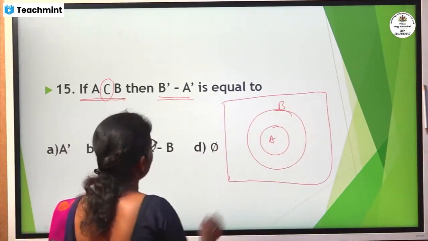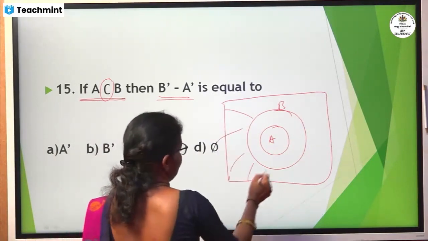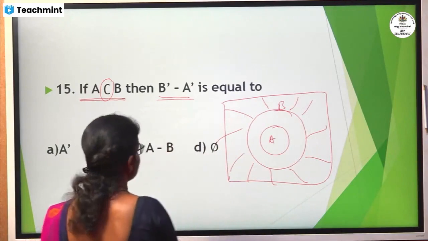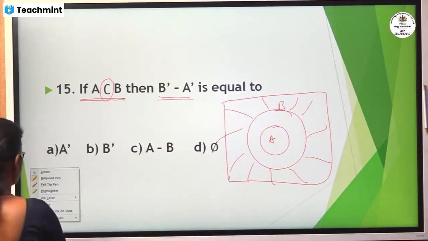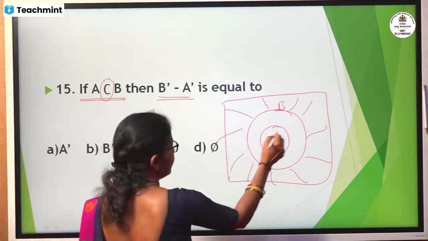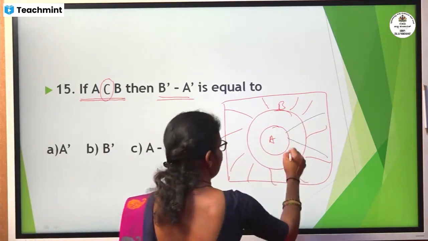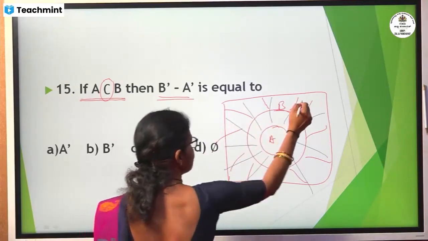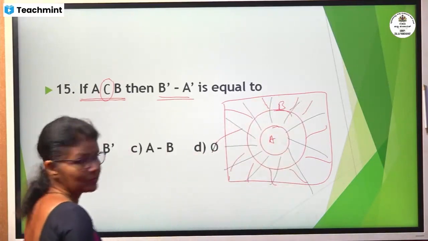B dash means these values, and A dash means these values. Except A, whatever there is in the universal set, all of it comes under A dash, that is A complement.